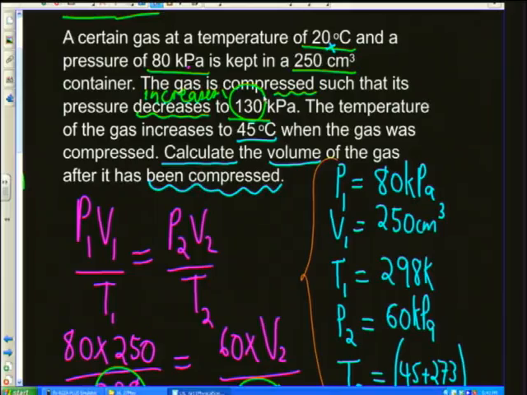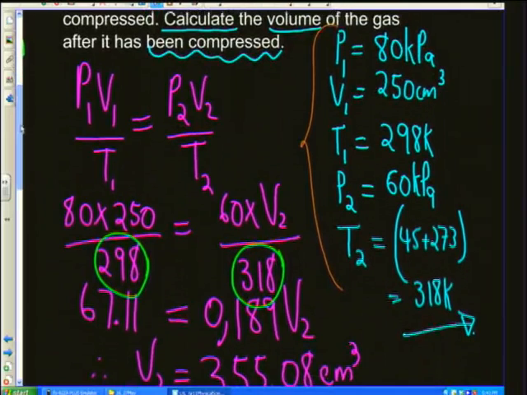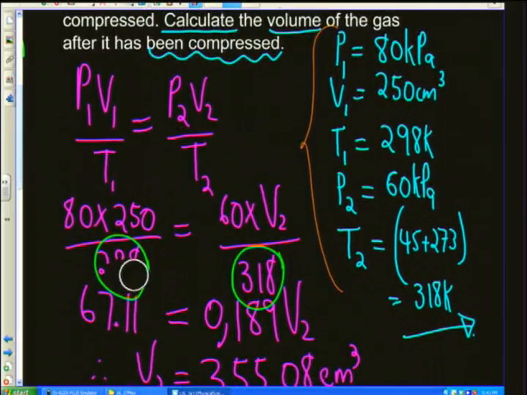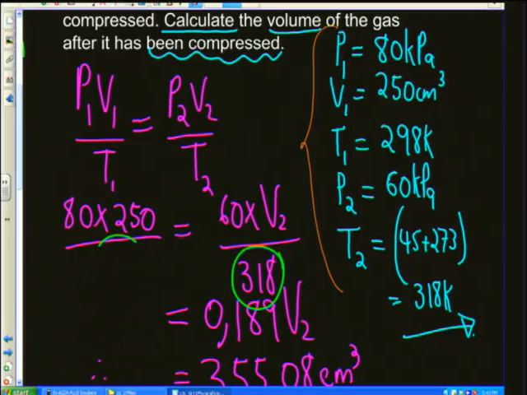So 130 stays, and down here we see where the mistake is in our calculation.